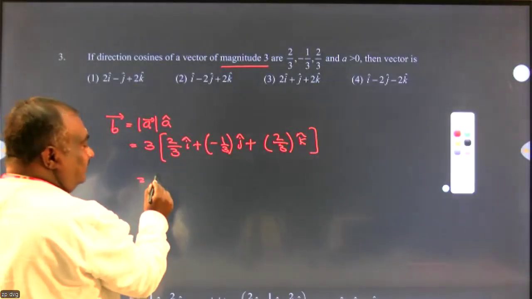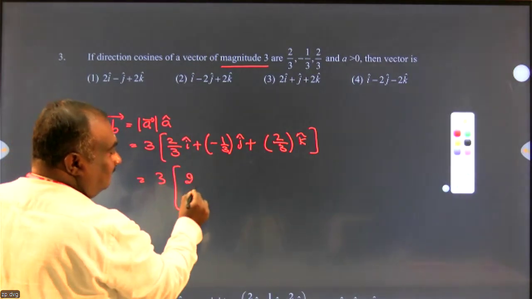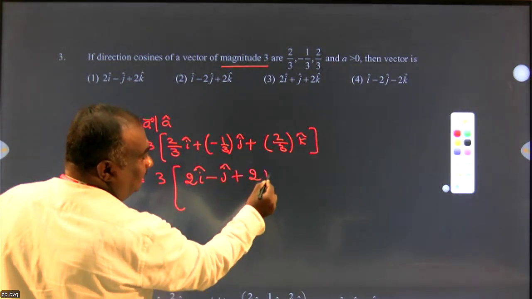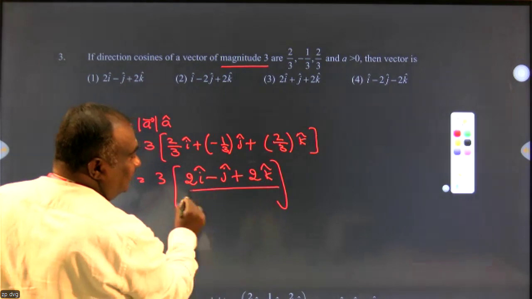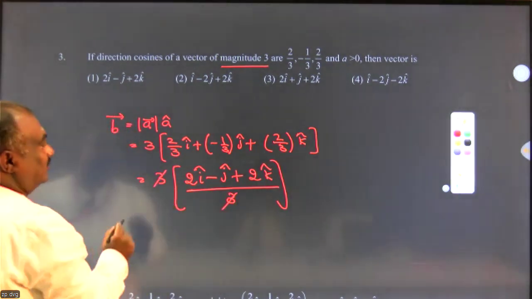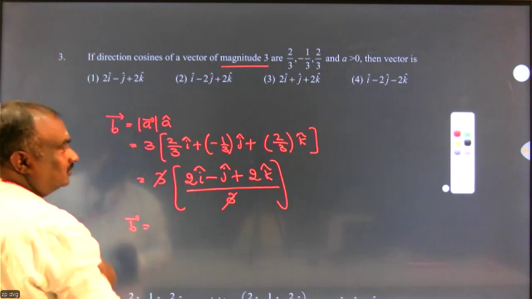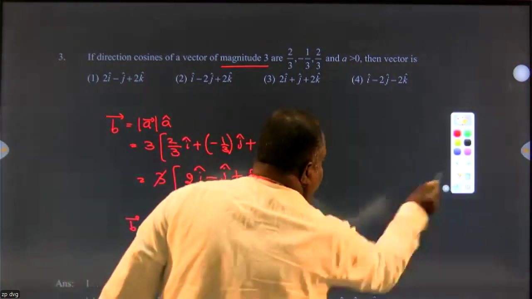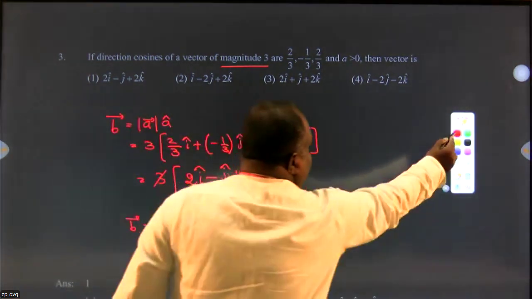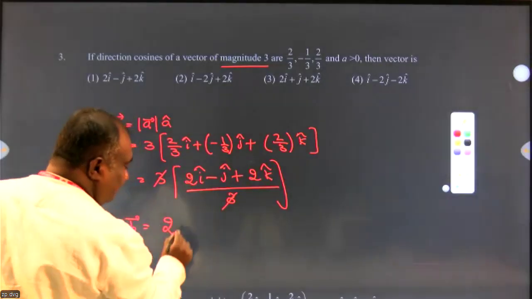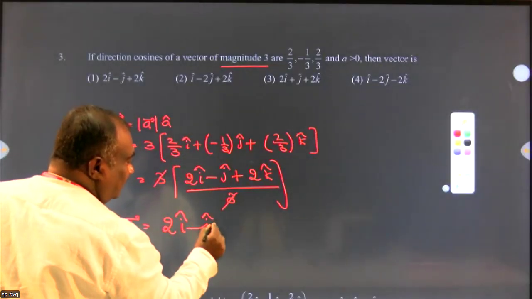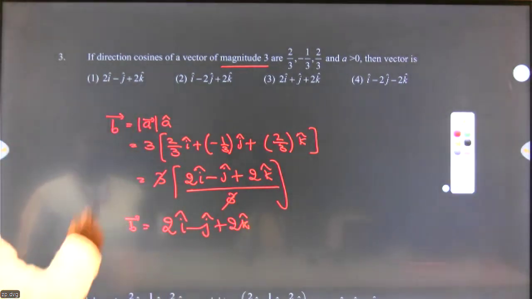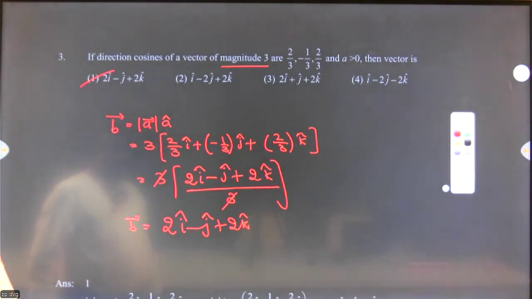If you take the LCM, what are you getting? 3 into (2i minus j plus 2k) by 3. This 3 and 3 get cancelled. You are going to get the required vector b bar equal to 2i minus j plus 2k. Check the options. 2i minus j plus 2k. This is the answer. Okay.